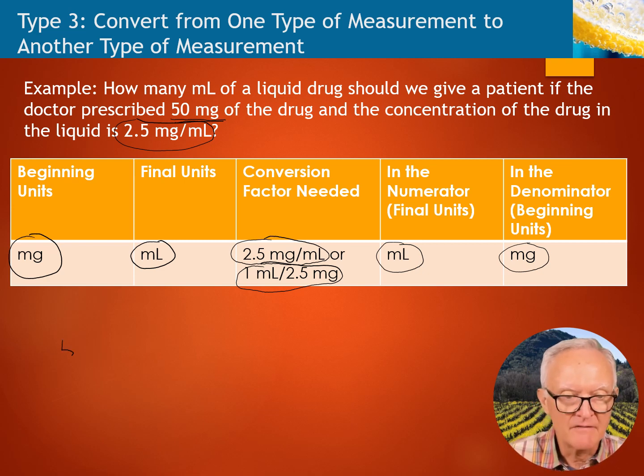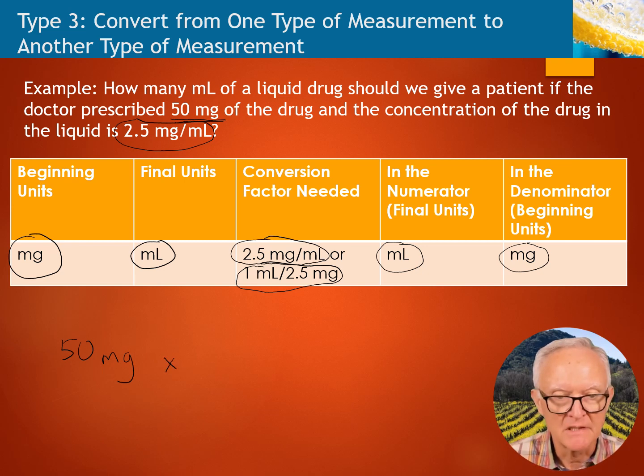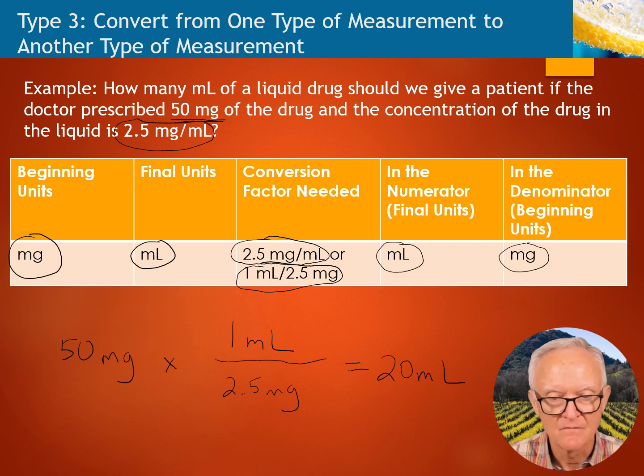So we have 50 milligrams as our beginning. Now we know that we have to put milliliters in the numerator of the conversion factor, and we will put 2.5 milligrams in the denominator. We do the math, and the answer is 20 milliliters.